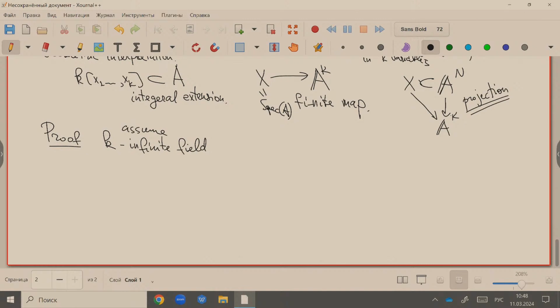So take from this system x1, ..., xs, an algebraically independent system of elements.